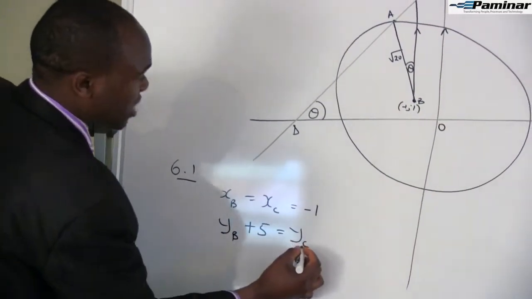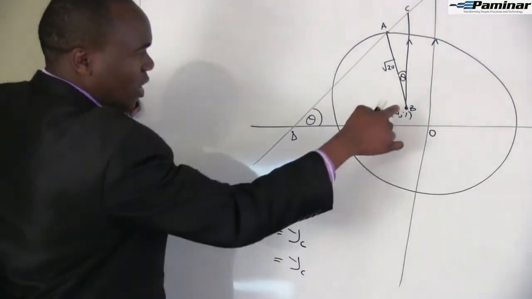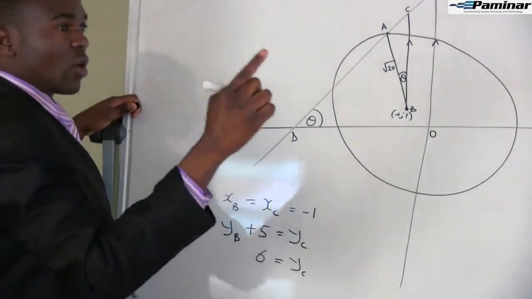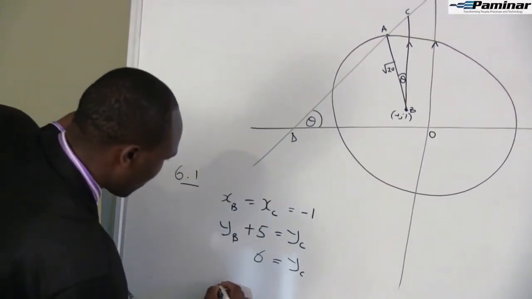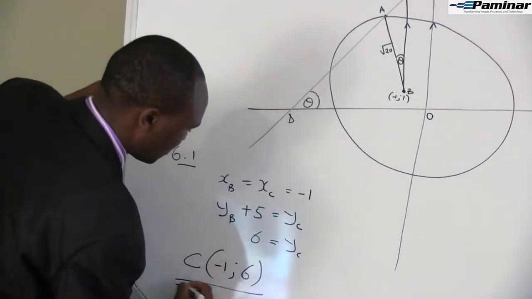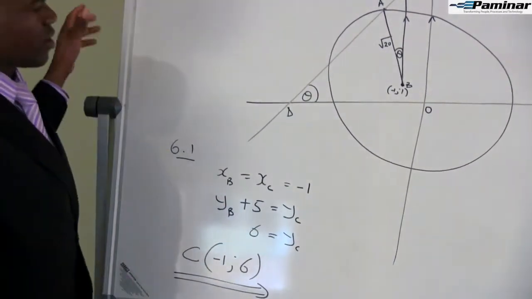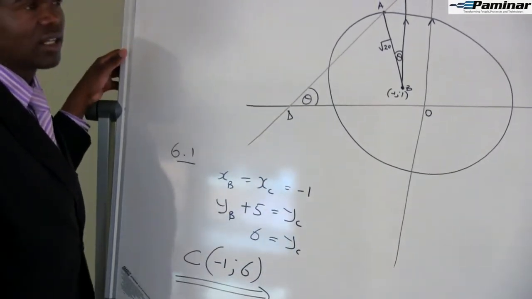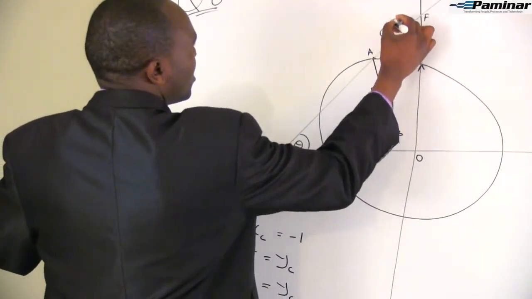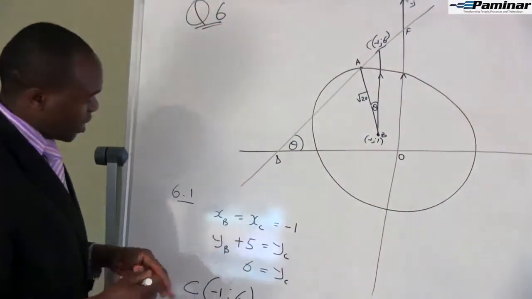So now that's yC. yB is what? 1. So it's going to be 6. So now the coordinates of this point is minus 1, 6. That's the coordinate of point C. Determine the coordinates of C. That's it. Done. So we can go there and then we write on C. Let me write it much bigger. C is minus 1, 6. Okay. So we can erase this one.